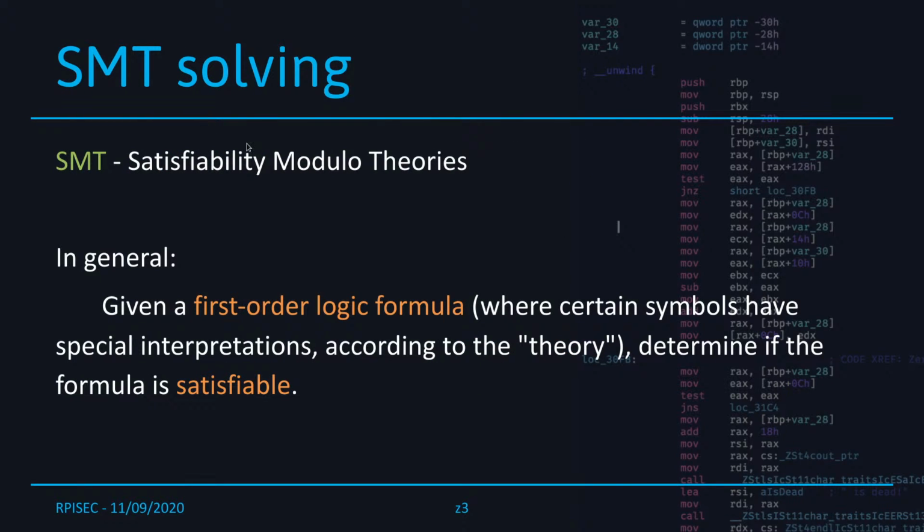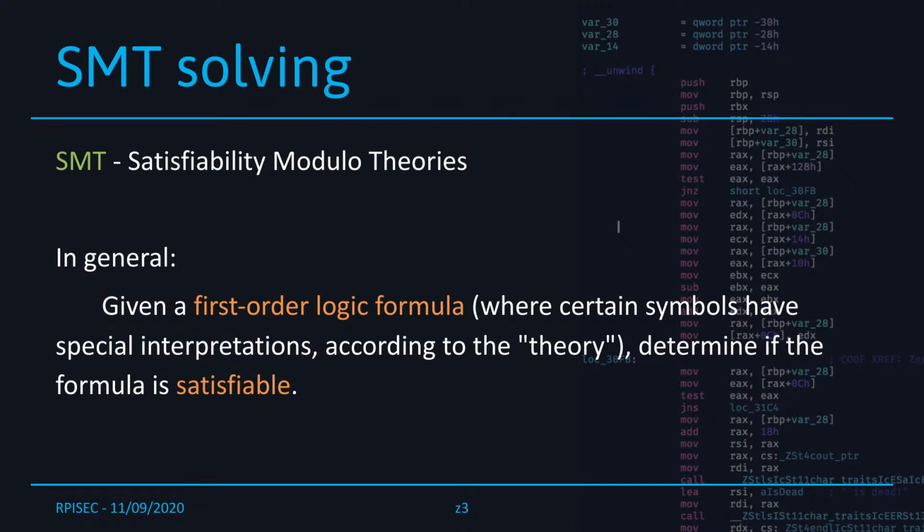So Z3 is what's called an SMT solver. SMT stands for Satisfiability Modulo Theory. In general, what we're going to do here is generate some first-order logical formula. If you've taken a class like Intro to Logic, or even Foundations of Computer Science, which are both classes here at RPI that talk about first-order logic, this is going to look kind of familiar to you.